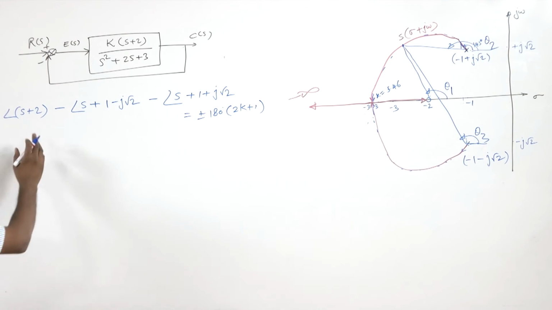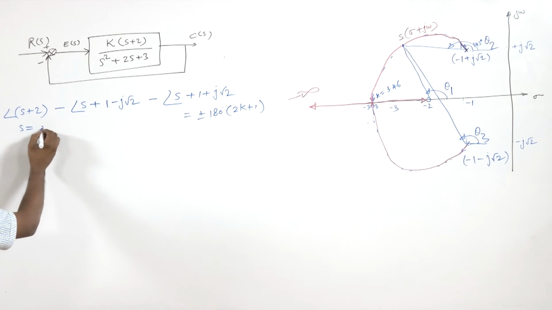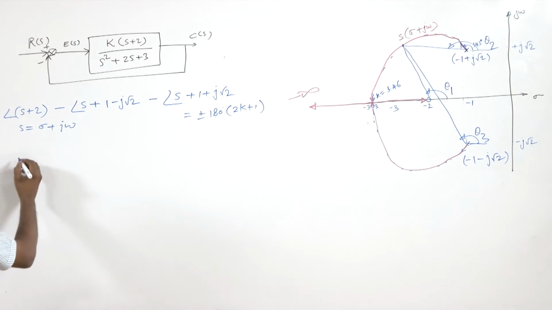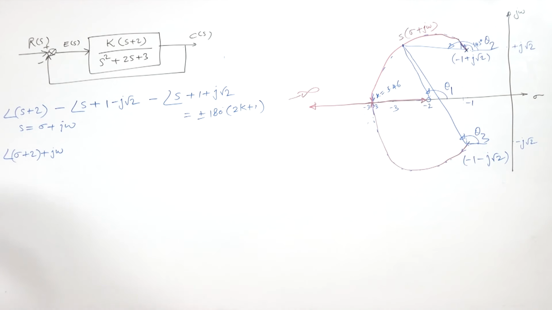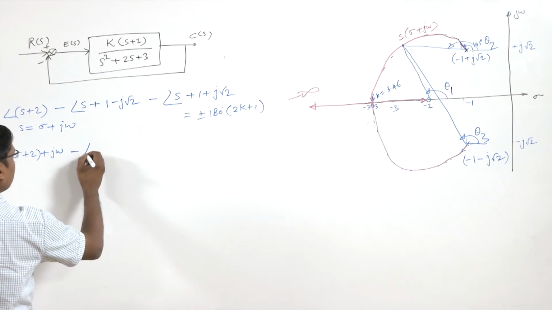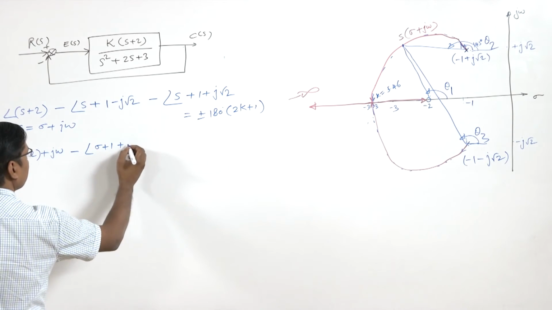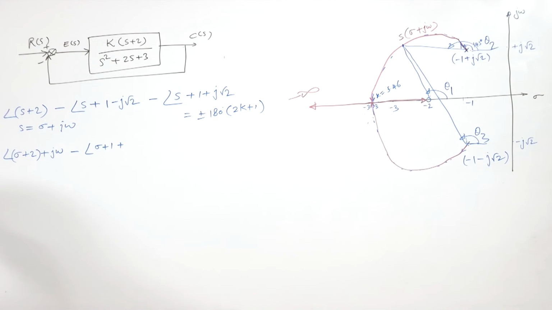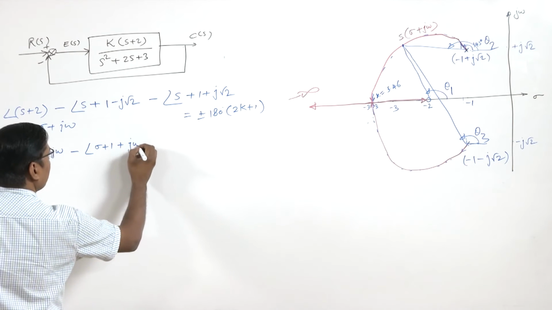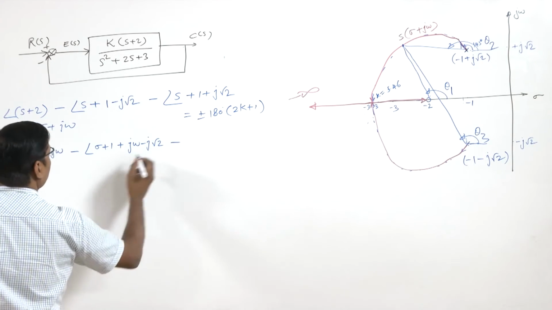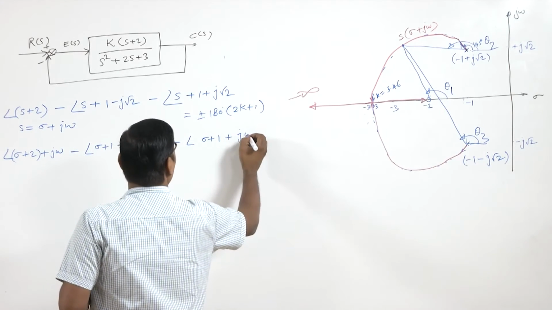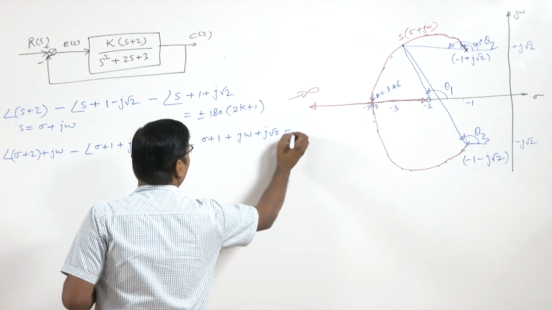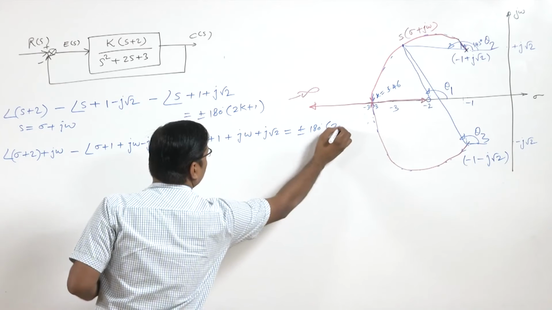So we can write S equal to sigma plus j omega, and we get angle of sigma plus 2 plus j omega, minus angle of sigma plus 1 plus j omega minus j root 2, minus angle of sigma plus 1 plus j omega plus j root 2, equal to plus or minus 180 times 2k plus 1.